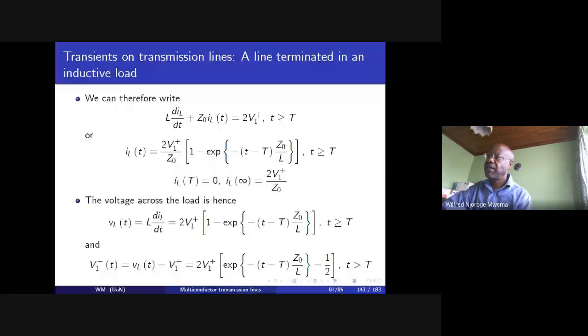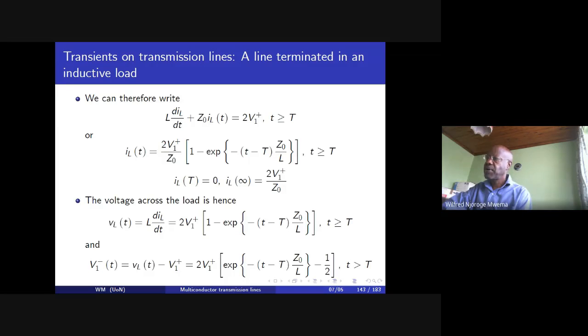You have to remember that now these functions are changing, because initially we know from physics that the current through an inductor cannot rise instantaneously, because the inductor will initially oppose the change in current by introducing a very high back EMF such that the current will be zero, and in the steady state the inductor will become a short circuit.